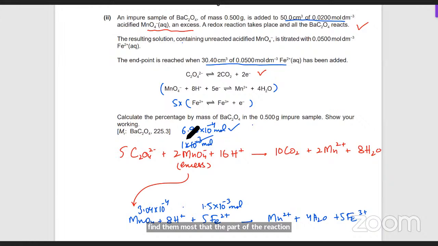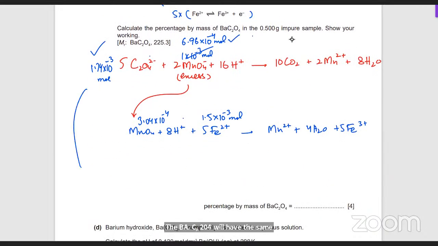And after that, use ratios to find C2O4, that's divide by 2 times 5, the ratio 2:5. Work out the moles of C2O4, how many are you getting? 1.74 times 10 power minus 3 moles. So that's it. Now you know the BaC2O4 will have the same moles, because all your C2O4 is coming from there, right?